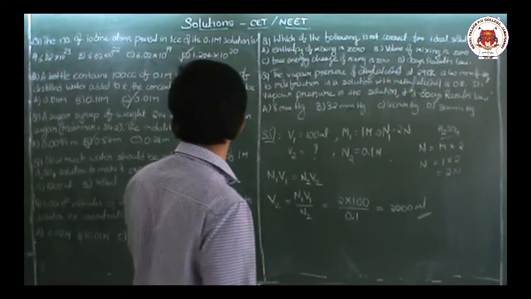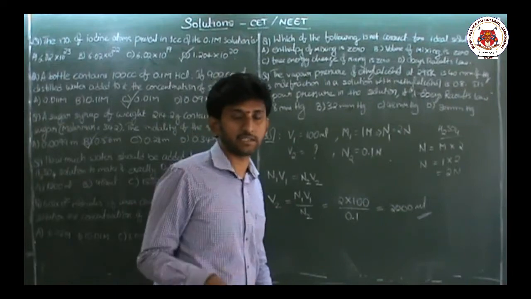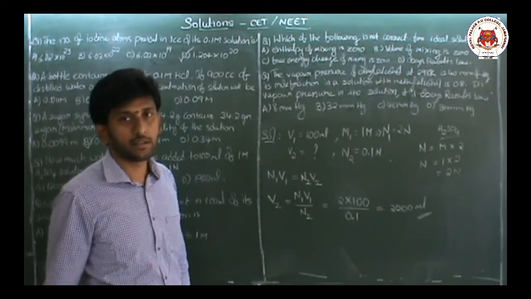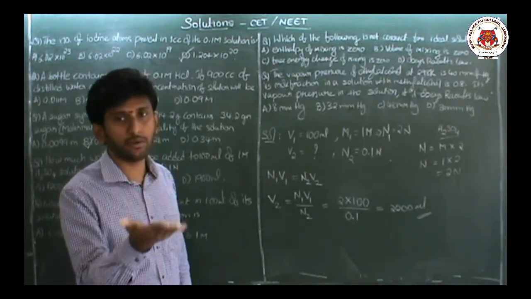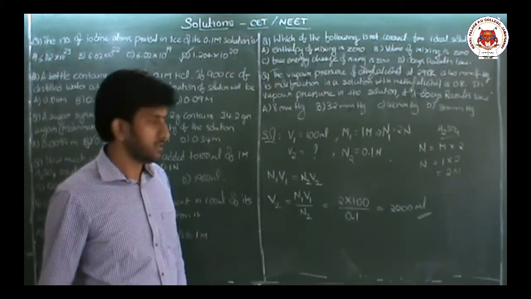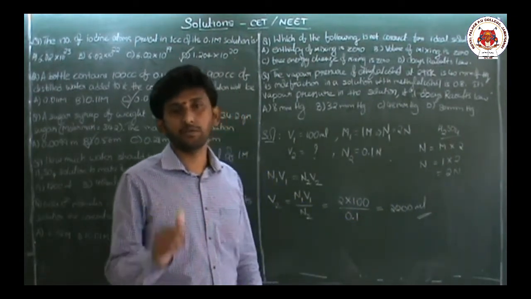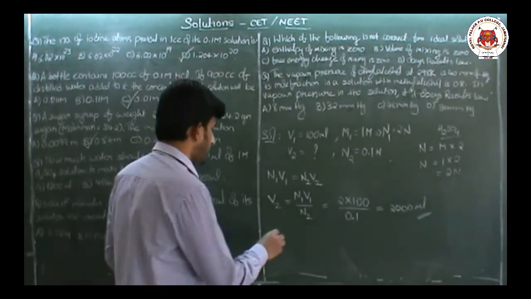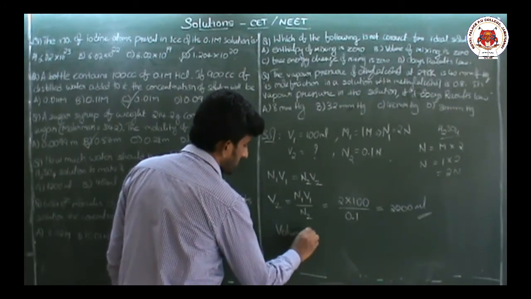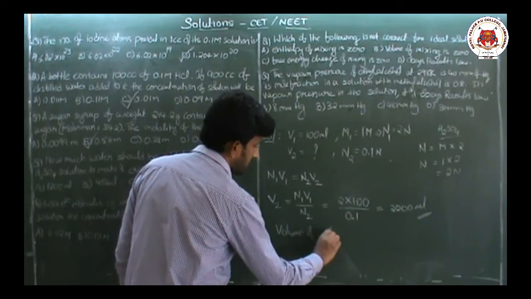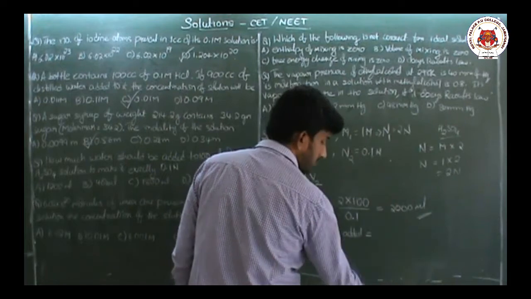But how much water should be added to 100 ml? Already 100 ml is there. To that 100 ml we are going to add the water. Final volume must be 2000. That means what is the volume of water you added? Volume of water added is equal to final volume minus initial volume.